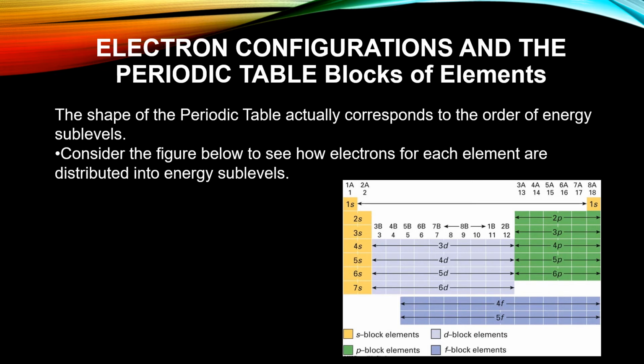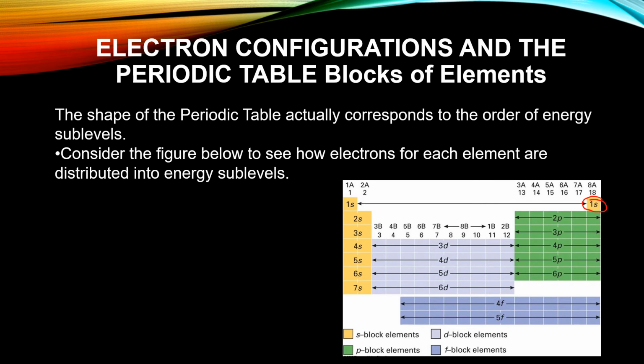So you'll notice for each of these different groups, I have the 1s, the 2s, 3s, 4s, 5s, 6s, 7s, but I want you to also notice right here where the helium is located, that is also a 1s electron. So everything that's in the orange, those would all be elements that will end with one of these numbers out in front.